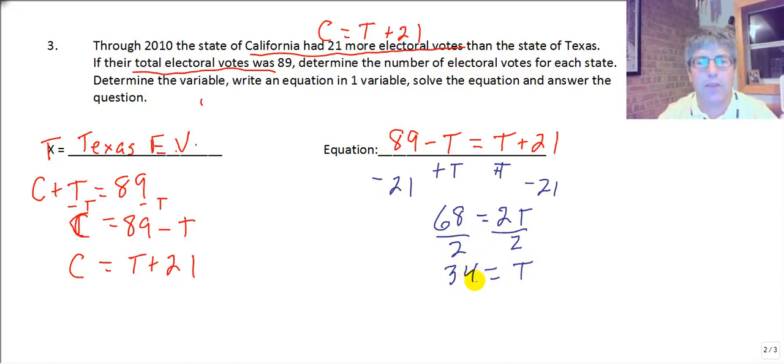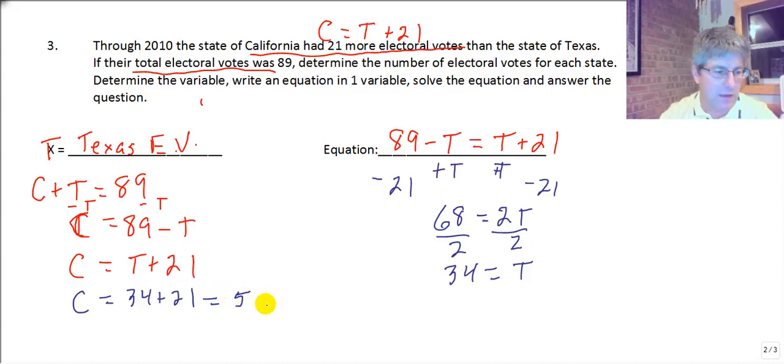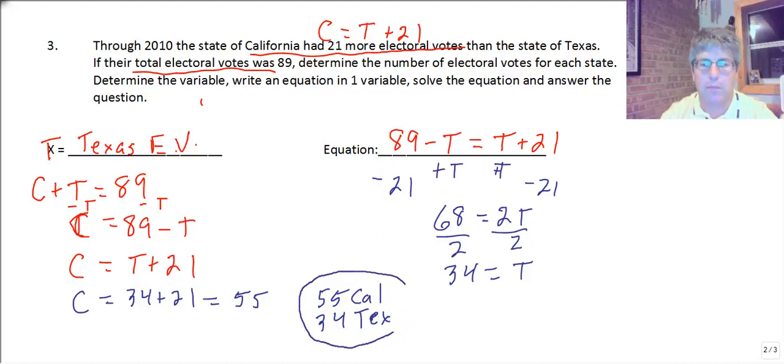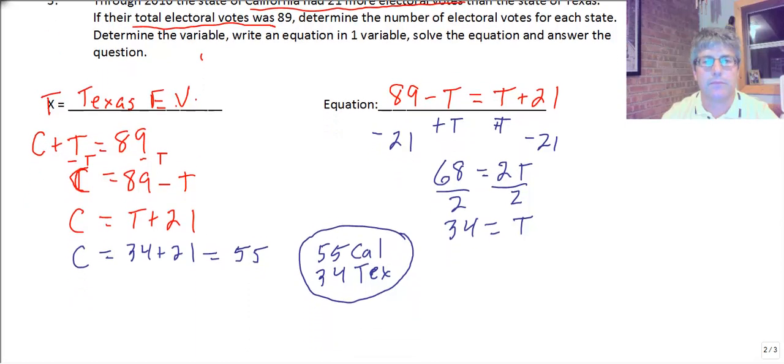So apparently, we're going to say that Texas has 34 electoral votes, so California must be 34 plus 21, or 55 electoral votes. Okay, determine the number of electoral votes for each state. So 55 for California, 34 for Texas. They do total 89, so that our answer totally makes sense. And we've answered the question, and we can move on.